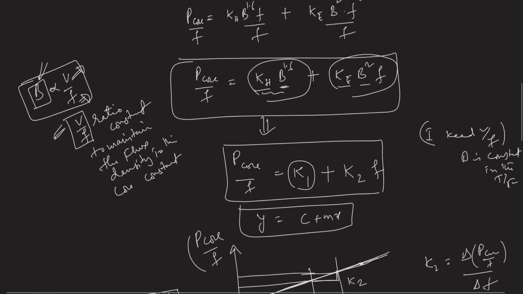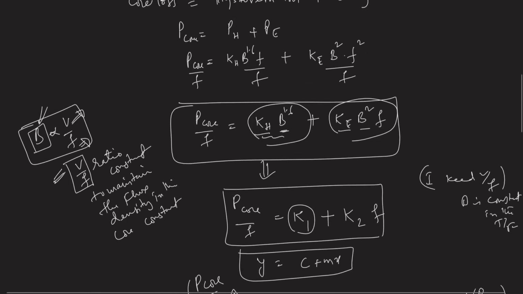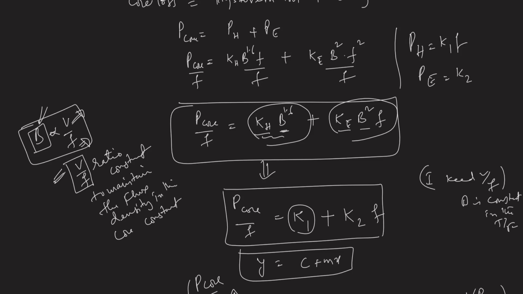So what I can say is PH equals K1 times F, and PE is K2 times F square.